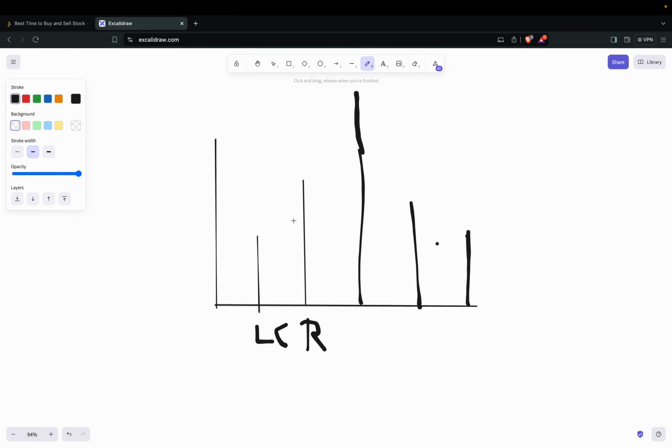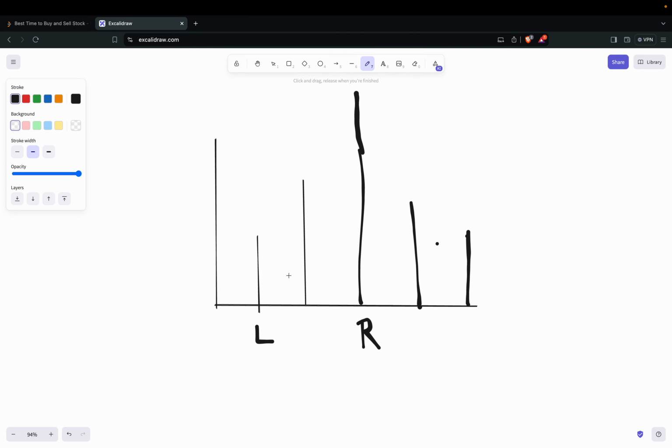Okay, and then with the 10, what we can do is increment our R, and we can check whether L is less than R or not.